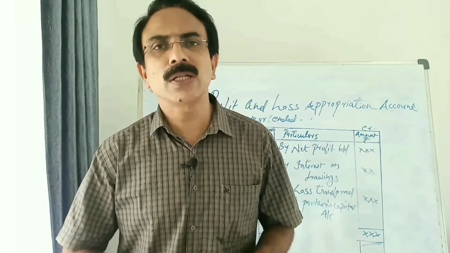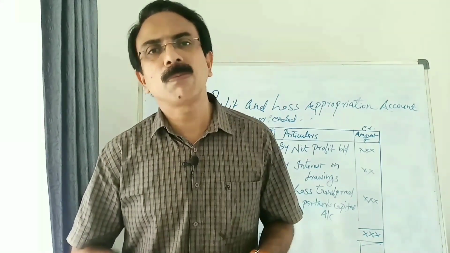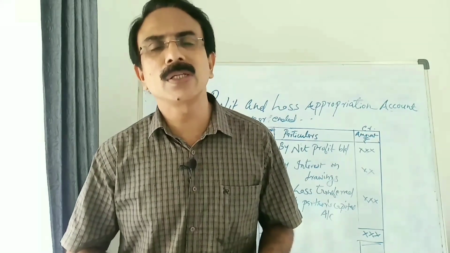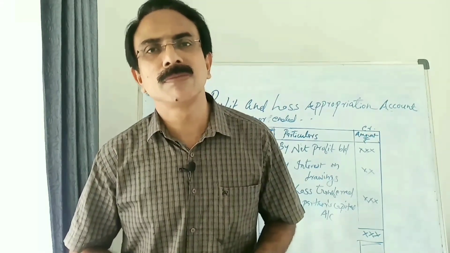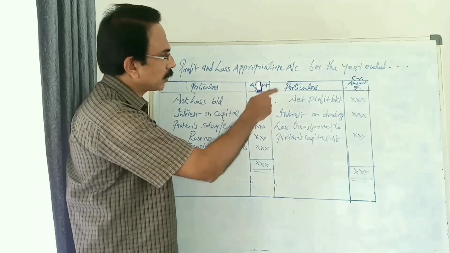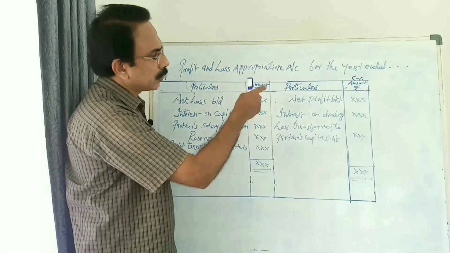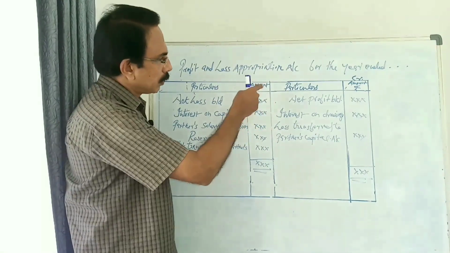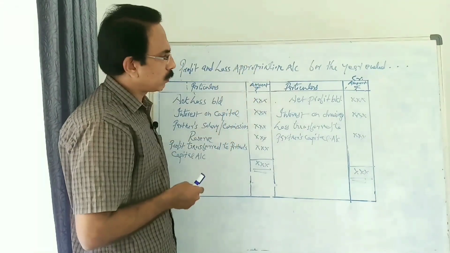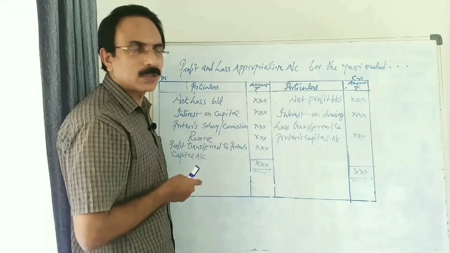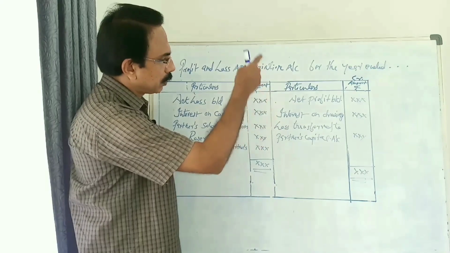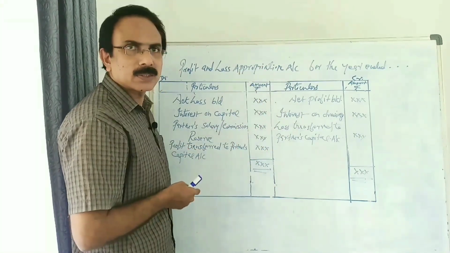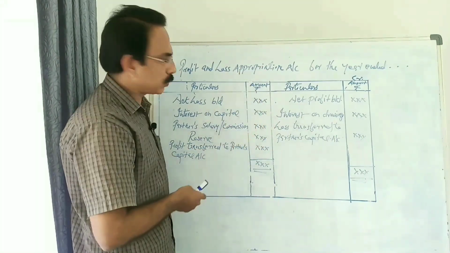First, let us look at the specimen form of profit and loss appropriation account. Look at this board. First item on credit side, net profit brought down. That is transferred from profit and loss account. Then next, interest on drawings. Then last, loss transferred to the partner's capital account in the profit sharing ratio.